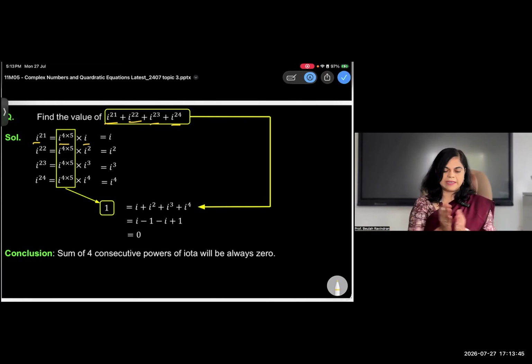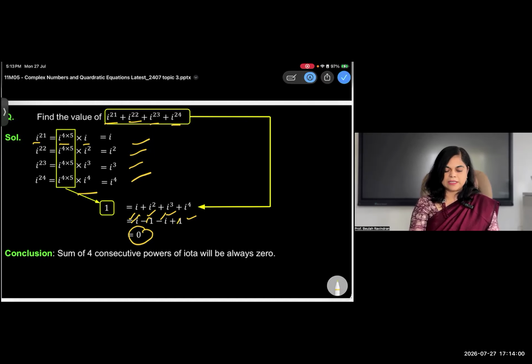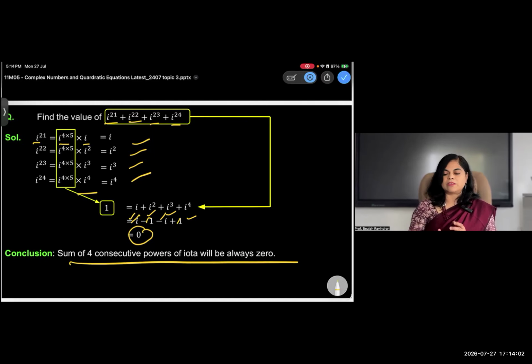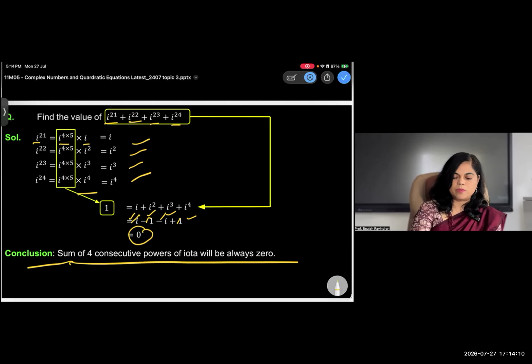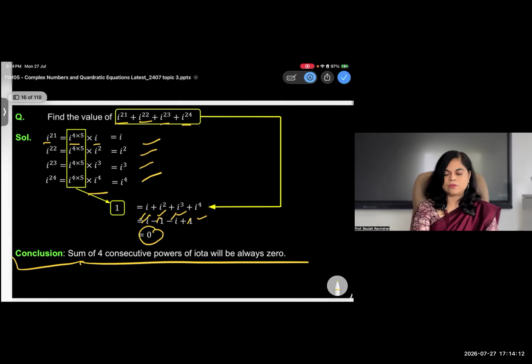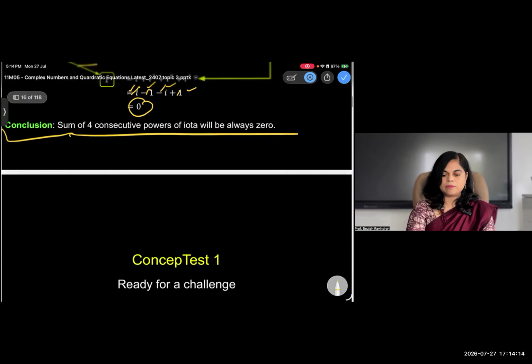So the power of 4 plus remaining. And then if you add all these things, it will be 0: 1 is plus 1, minus 1, minus i, plus 1, like that. So this gets cancelled. You must understand the sum of 4 consecutive powers of iota will always be 0. Iota means imaginary number. This is a very important point to take note of, students.